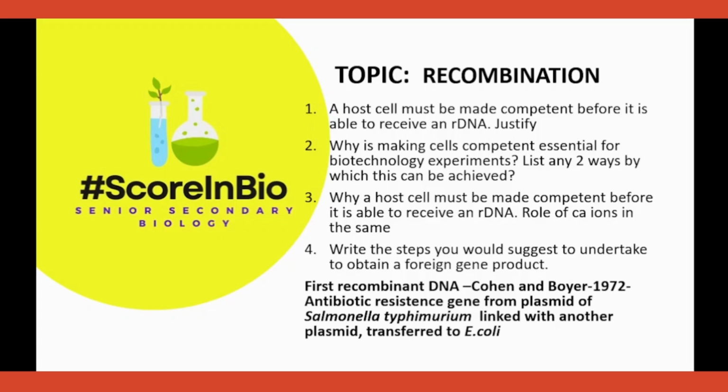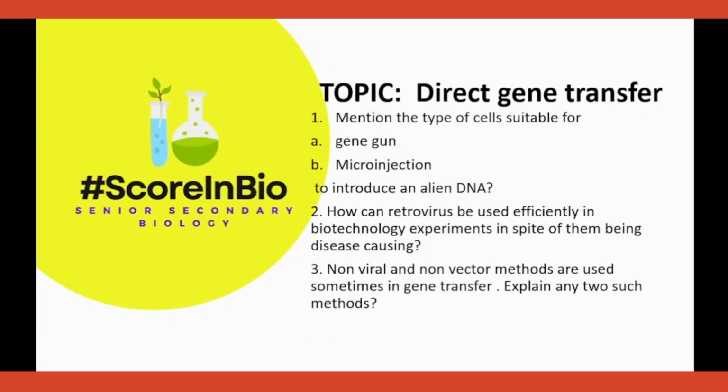Once you extract the product and take it out of the bioreactor, you cannot directly use it. You have to refine it, and the process of refining is called downstream processing. So all the steps you have to write for this question, steps that you would suggest to undertake to obtain a foreign gene product.